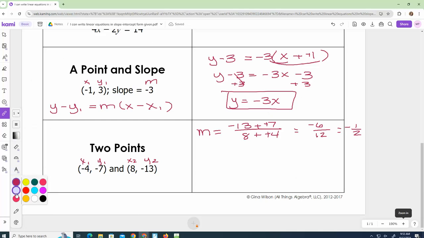So then, we use one of our points and our slope to plug into our point slope formula. So y minus y1, so minus negative 7, equals m, negative 1/2, times x minus negative 4. So minus and negative is positive.